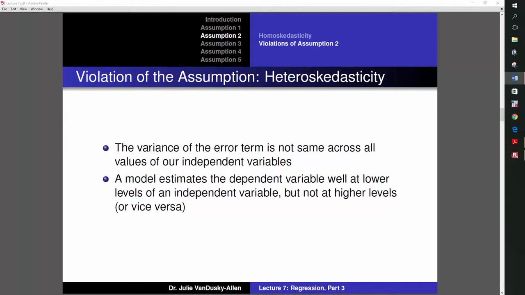When we violate homoskedasticity, we call it heteroskedasticity. This just means the variance of the error term is not the same across all values of our independent variable. Substantively, this means that our model estimates our dependent variable better at some values of our independent variable and worse at other values of our independent variable.